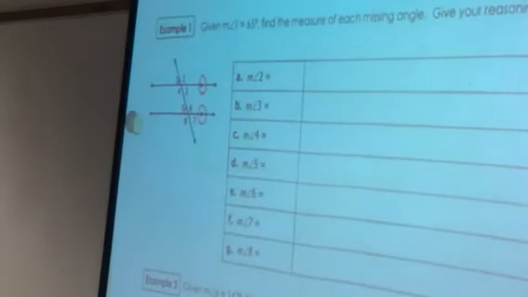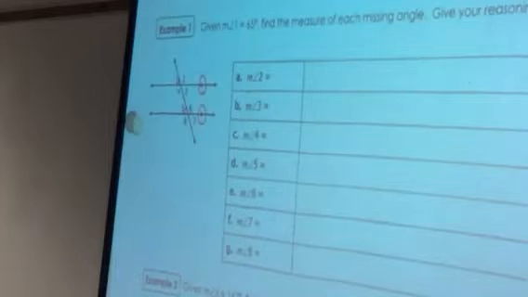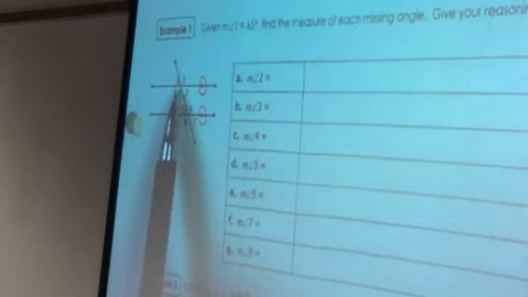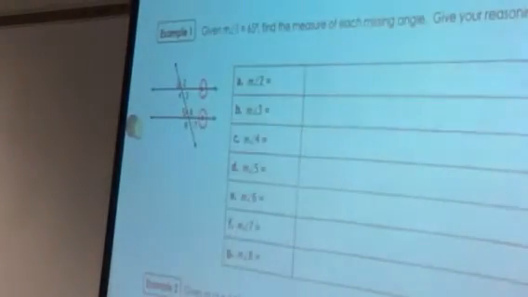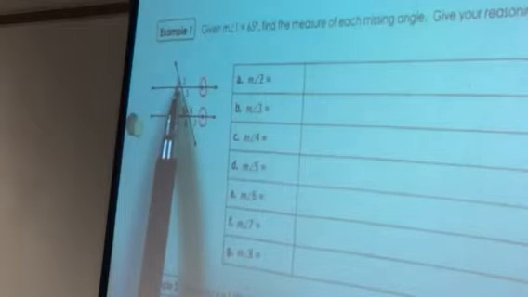Corresponding means they're congruent, right? So angle 1 and 5 are congruent. Well, now also, first of all, 1 can't be alternate interior because it's on the outside, right? But it can be alternate exterior and whatever its alternate exterior is also congruent. So what is angle 1 alternate exterior with?